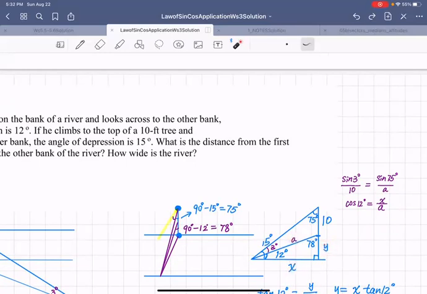Everybody, you can go ahead and run this question. I have already shown the graph. The difficult part is already done.